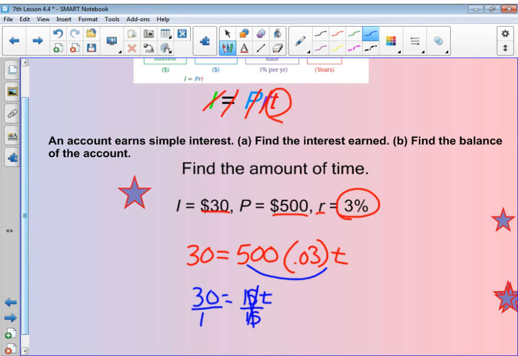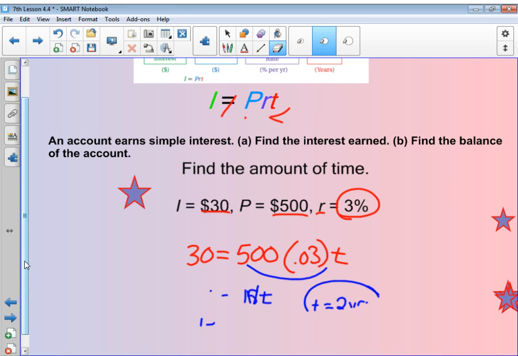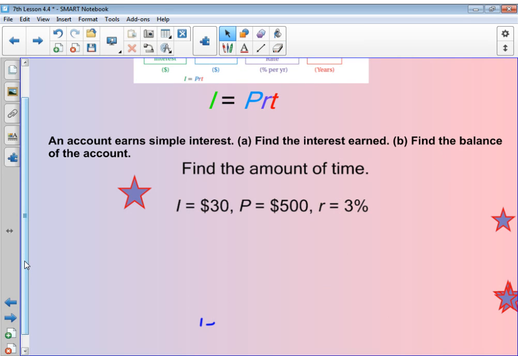Divide by 15. 30 divided by 15 gives us the T, or time, equals 2 years. Same thing as what we just did in the previous one. It's just that now we're solving for the time. So a different letter in that 4-letter setup.